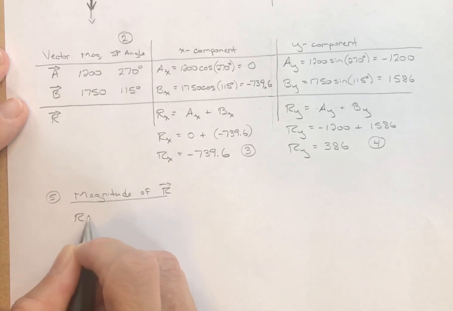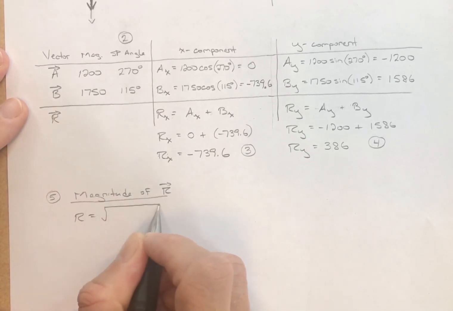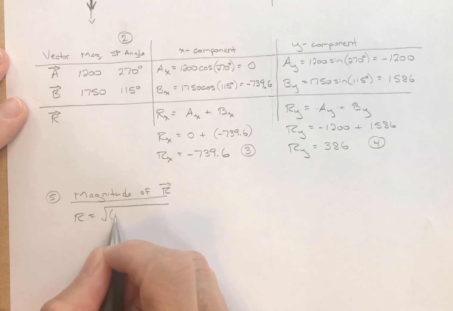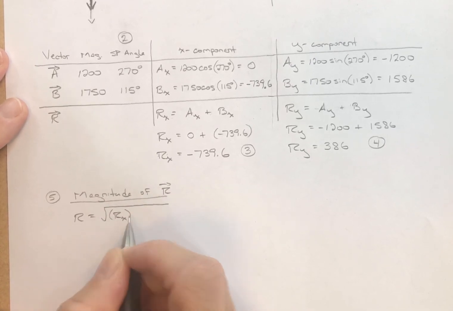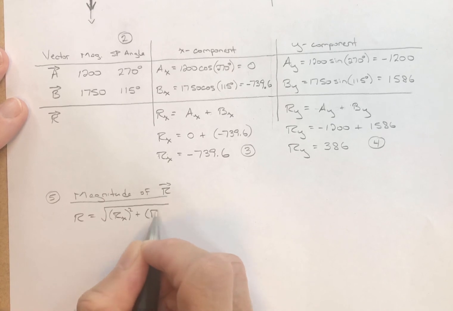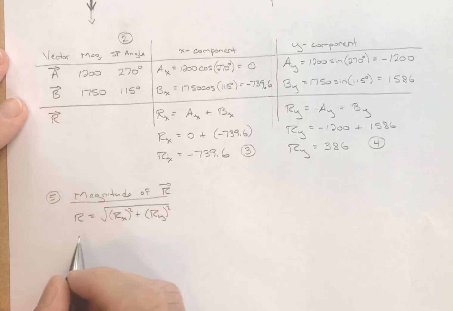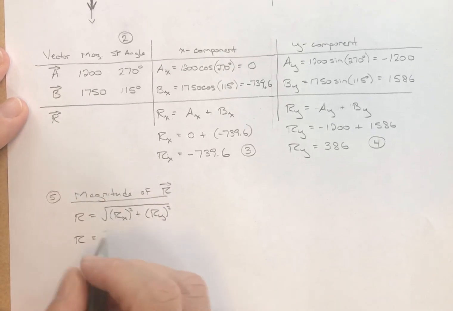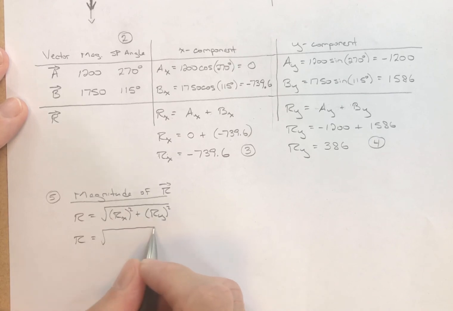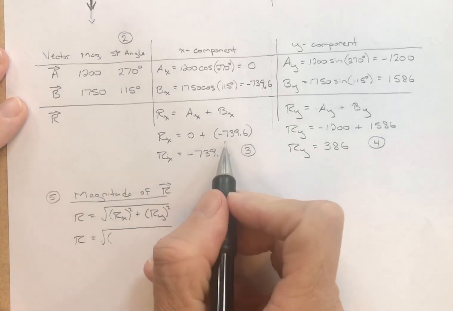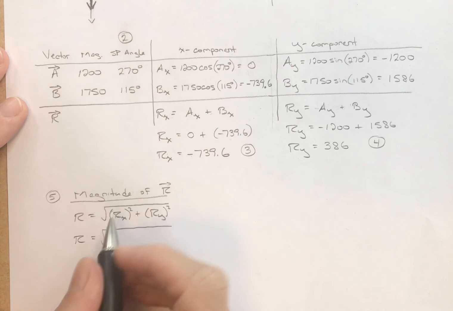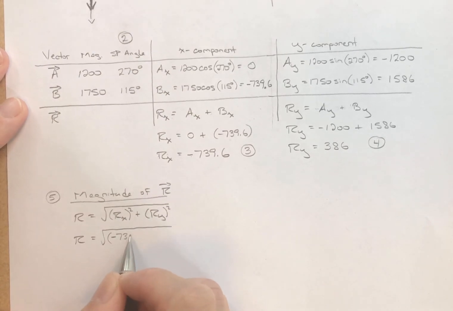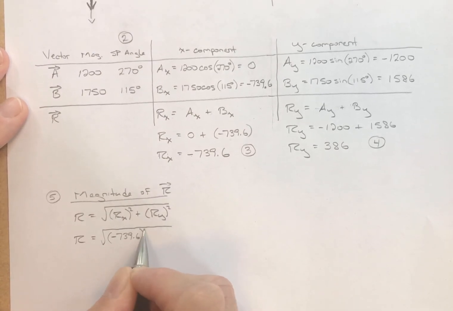So r is equal to the square root, and we did this in a previous video lecture, x component squared plus y component squared. So r is equal to the square root. The x component is negative 739.6 squared.